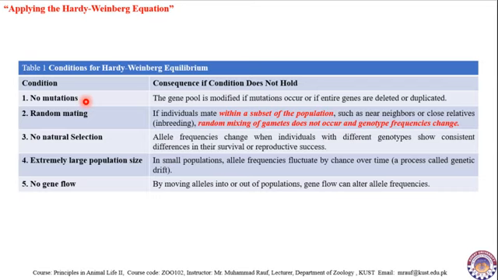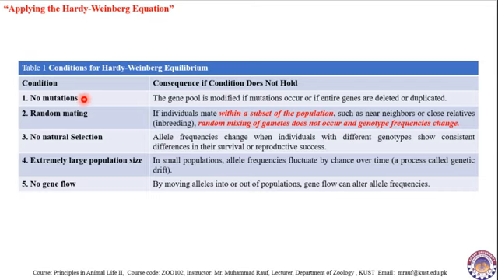Now the majority of mutations are harmful. They decrease the fitness of an organism, but we also know that mutations provide raw material for evolution, meaning they bring about changes in the genes, and the mutated genes are then exposed to natural selection, and at times their product is useful in some way or the other, and natural selection keeps such mutations in the population, and they are responsible for evolution.